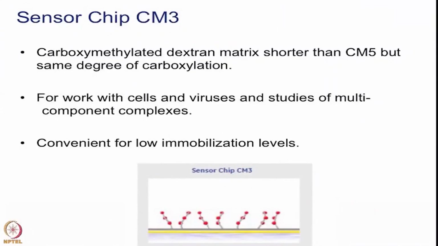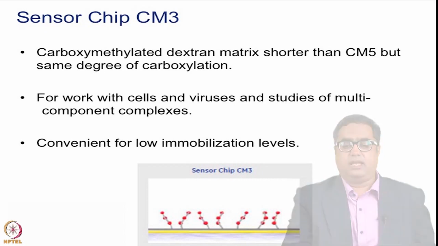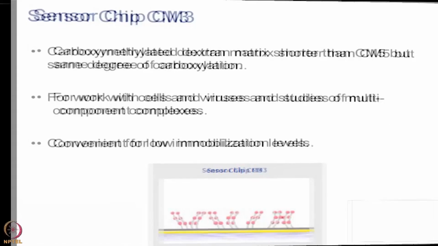Coming to another chip surface, CM3, which has another way of branching of the carboxymethyl groups. Here the matrix is a little shorter than CM4, also convenient for low immobilizations, and generally good with immobilization of cells or viruses or multi-component complexes.